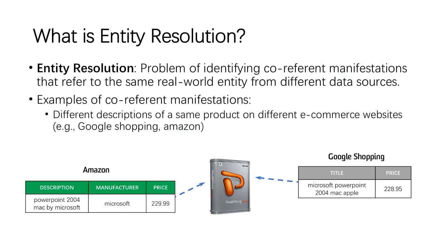As you can see, there is a huge variety in the way we describe them at the schema level. On the left-hand side, you can see the description, manufacturer, and the price. And on the right-hand side from Google, you only have a title and the price. So not only do we need to deal with the so-called schema difference, we also need to deal with the difference in the textual description, and the numerical values do not really match in terms of the price.